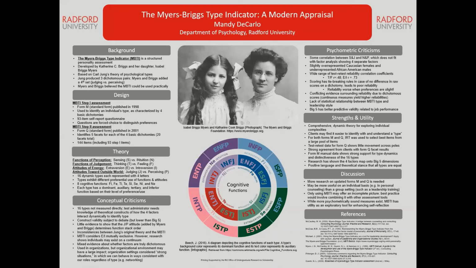And research has actually shown that the four factors, these four dichotomies, map onto the Big Five dimensions. So it may be useful to use this in some settings instead of the Big Five because of the positive language and the theoretical stance Myers-Briggs had that all types are equal and no type is inherently better than the other.